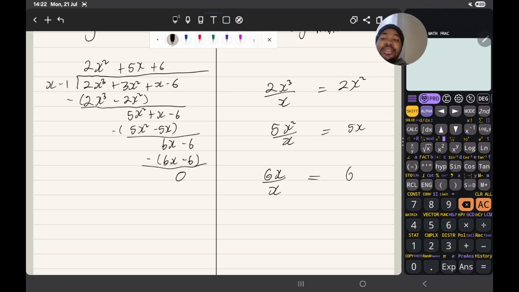So this is one of the most beautiful things, because you don't have a remainder here. We got 0, so you don't have a remainder.